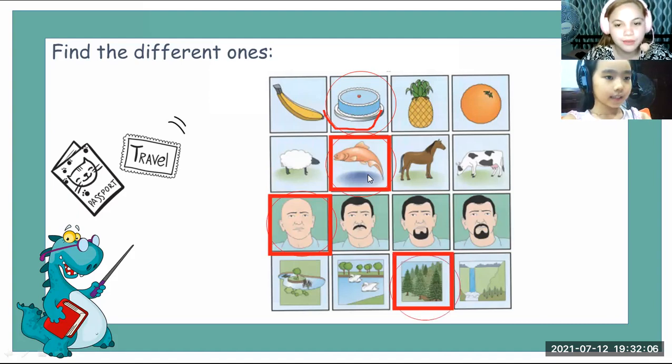Okay, why do you say so? Because the pictures 1, 2, and 4 have water, but picture 3 hasn't got water. Okay, very good. So that is correct. Okay, very good, Akiko. You got 4 points here.